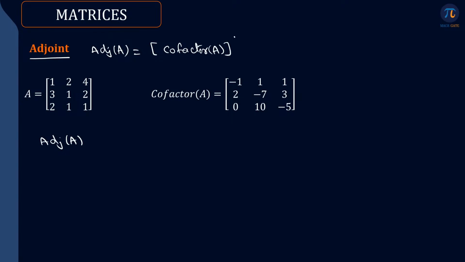So, whatever cofactor matrix you got, you transpose it. That is, convert rows to columns and columns to rows. So, the first column becomes the first row, the second column becomes the second row, and the third column becomes the third row. Hope you understand. So, that is your adjoint matrix, my dear friends.